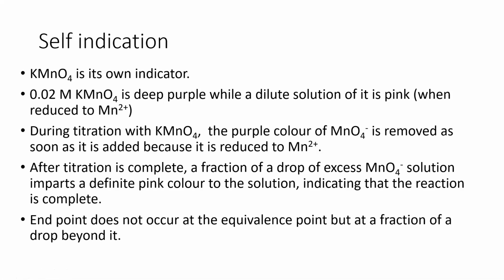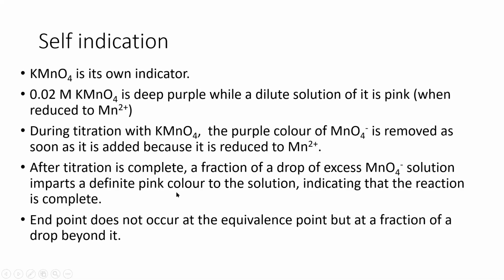So at a point in time, as the KMnO4 is dropped into the iron solution, the KMnO4 color disappears, but a time comes that there is no more iron to get oxidized, and what we have is excess KMnO4, which has nothing else to react with. There will be a color change, and that color indicates that the reaction is complete.